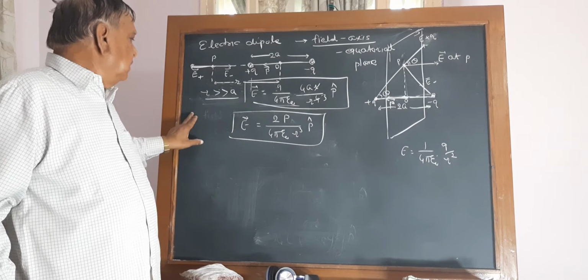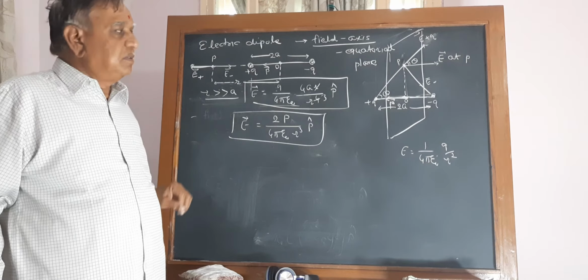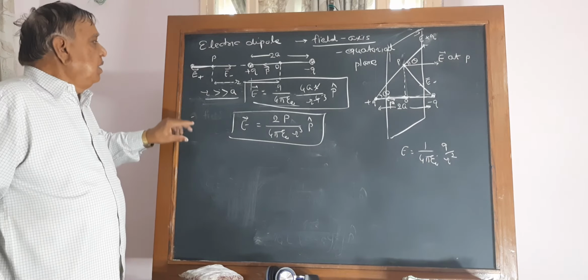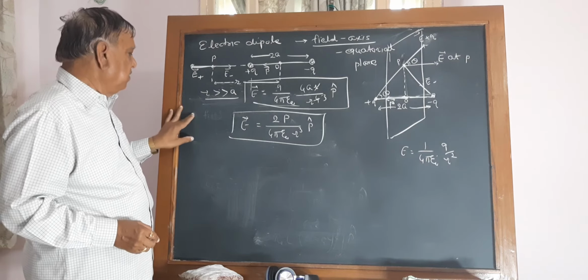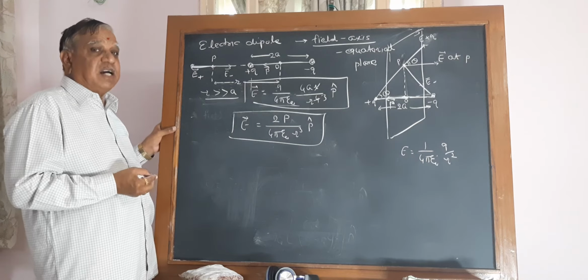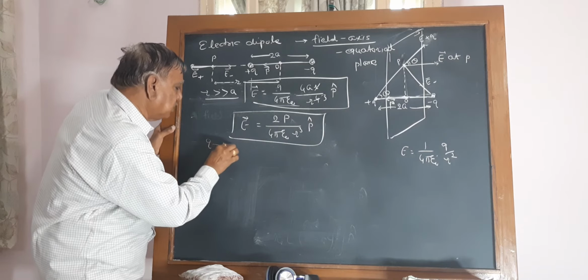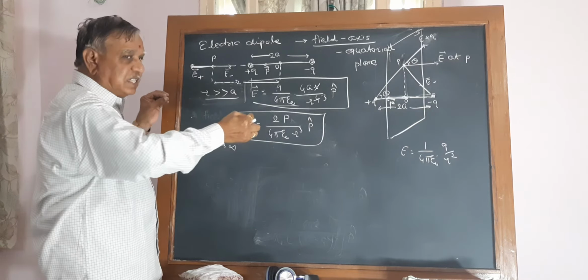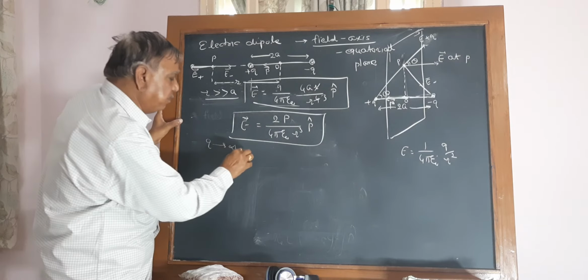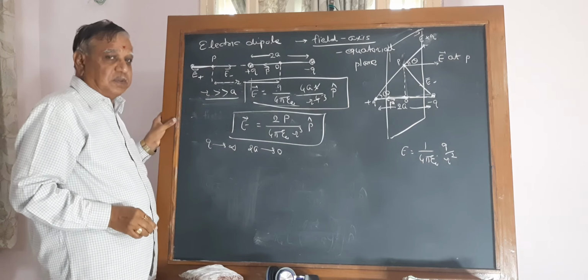Now see, sometimes charges are very large, meaning we can consider q tends to infinity, and charges are very close to each other, then 2a tends to 0.